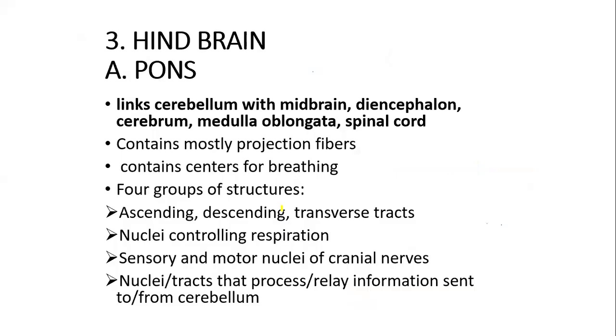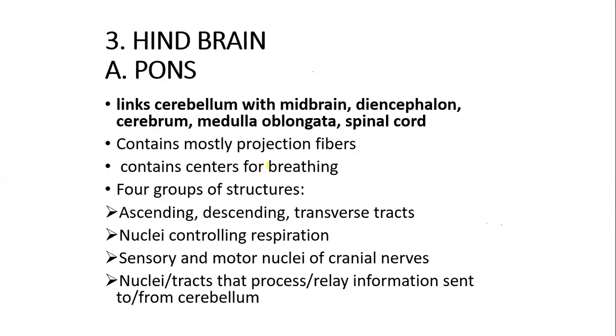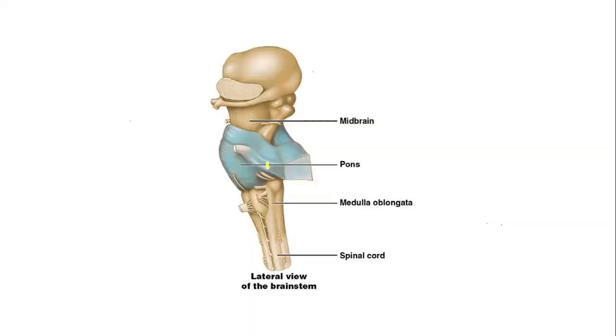So you can go to the hindbrain. The pons links the cerebellum with the midbrain. It contains mostly projection fibers, with centers for breathing, and 4 groups of structures: ascending, descending, and transverse tracts, and nuclei controlling respiration, sensory and motor nuclei of cranial nerves, and nuclei and tracts that process and relay information sent from the cerebellum.